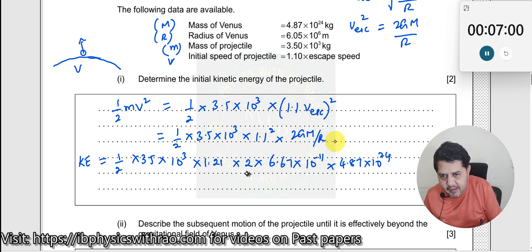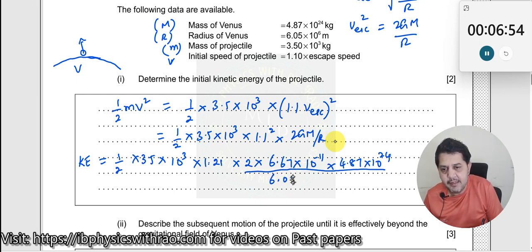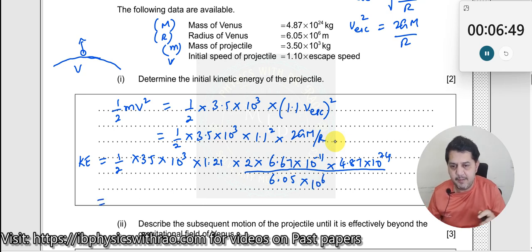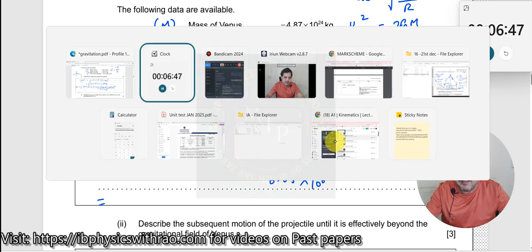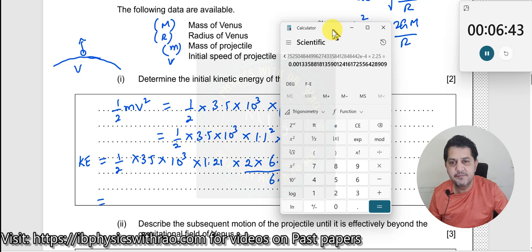What is r here? Radius of it, 6.05 into 10 to the power of 6. So I have taken all of them. Now let me calculate it. Where is my calculator? It's here. Okay, so let me calculate this.